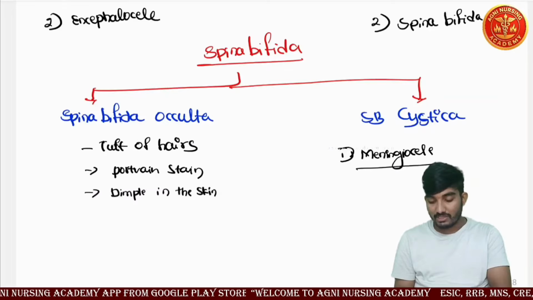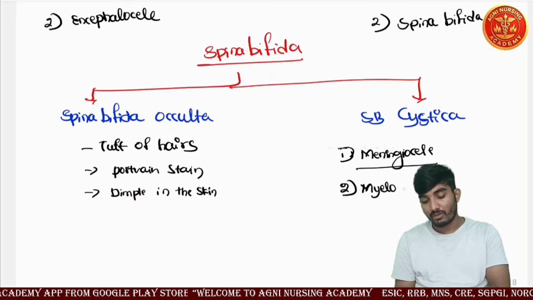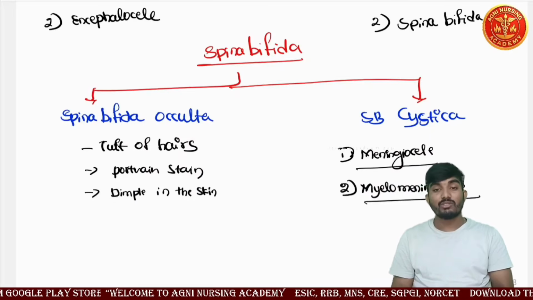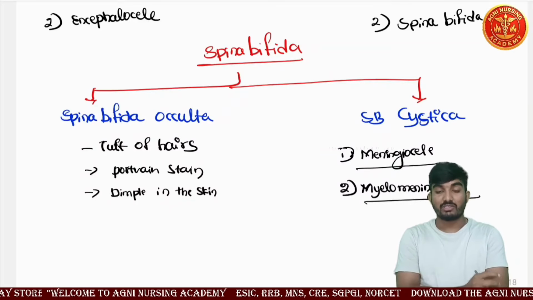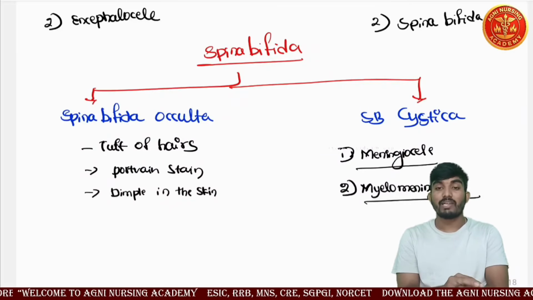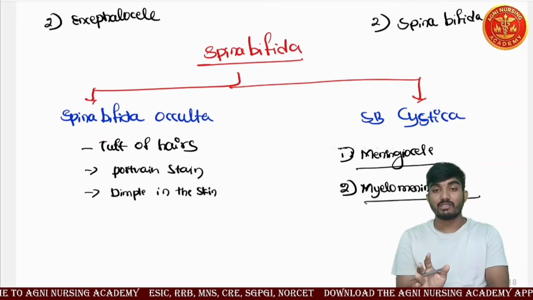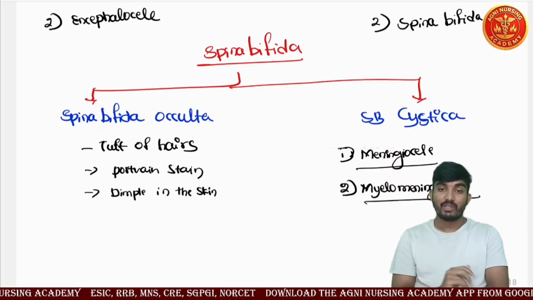And the second one is myelomeningocele. In myelomeningocele, all the parts are protruded in the sac-like structure, meaning CSF, spinal cord, spinal nerves, and meninges. The sac contains all these protruded structures.